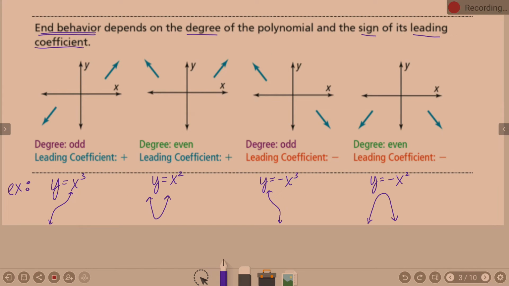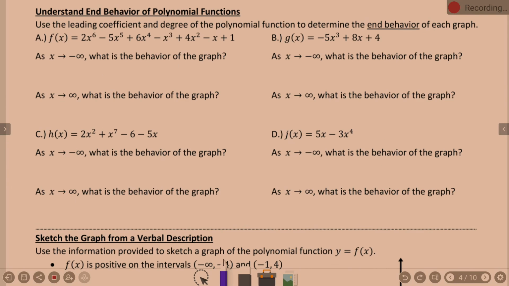So, here, let me get to our first example. I'll use the example to help explain it. So, we're going to see some of these in homework, where it asks us to use the leading coefficient and the degree, okay, the two pieces we know, to determine the end behavior.